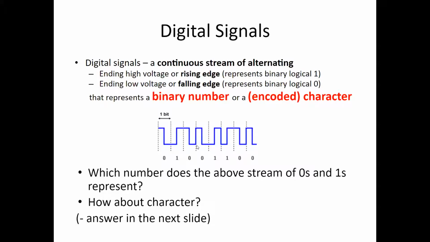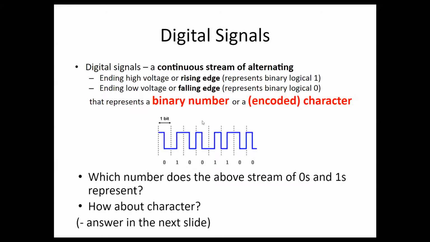So these are digital signals. Digital signals are a continuous stream of alternating values, and this can represent a binary number. It's important that we know this because this byte over here can represent more than just one thing.